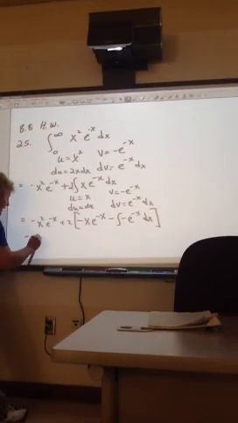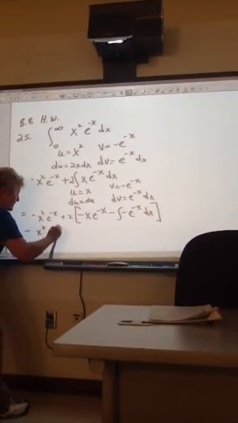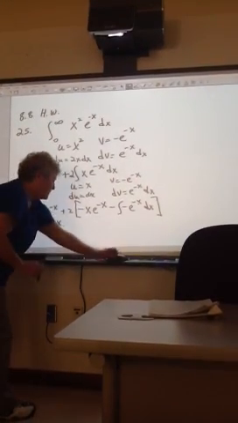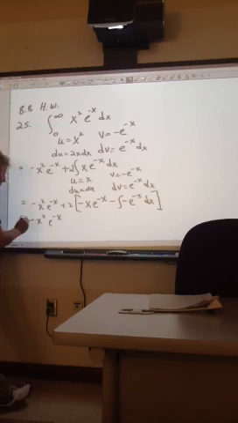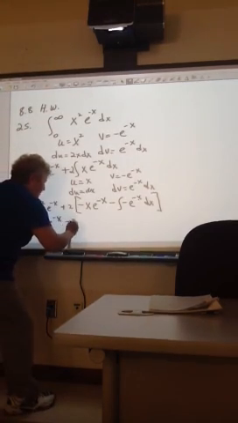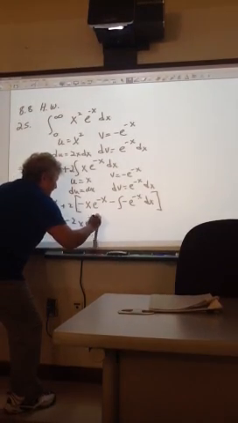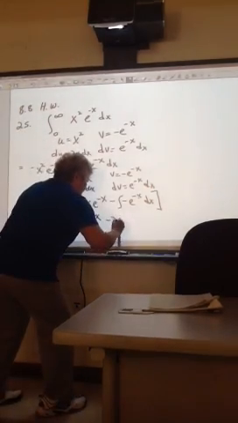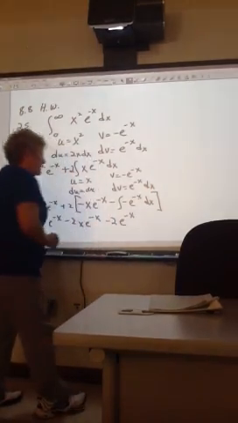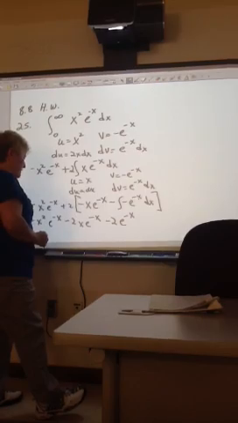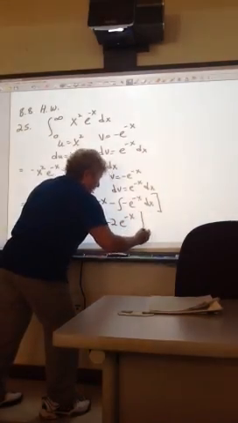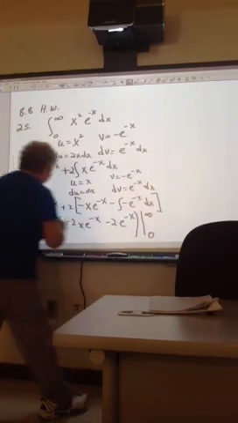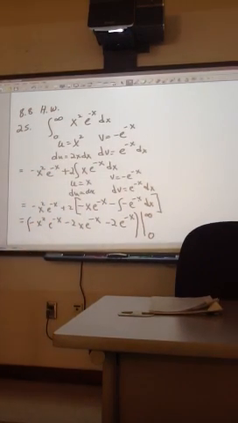So negative x squared e to the negative x minus 2x e to the negative x minus 2 e to the negative x, evaluated from 0 to infinity, because this was a definite integral.